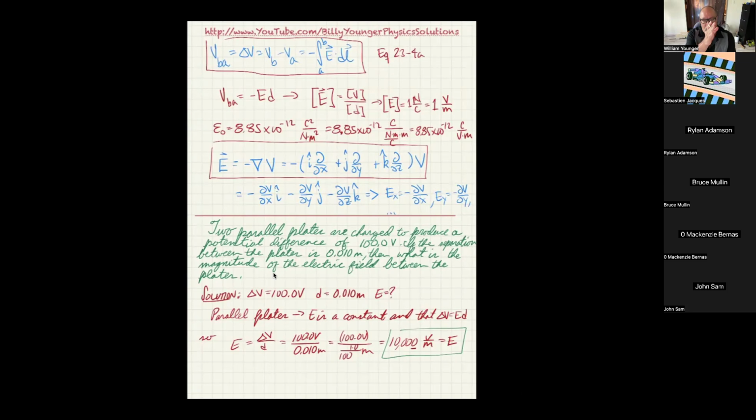So you could go 0.001 meter to the right of one of the plates, and that would be a voltage change of 100 volts. And then go another 0.001 meters, that'd be another 100 volts, so on and so forth. So that's a nice way of thinking about electric field strength as being in volts per meter, because every time you go another meter, you change the voltage by another, in this case, 100 volts over 0.01. Anybody have any questions on that?